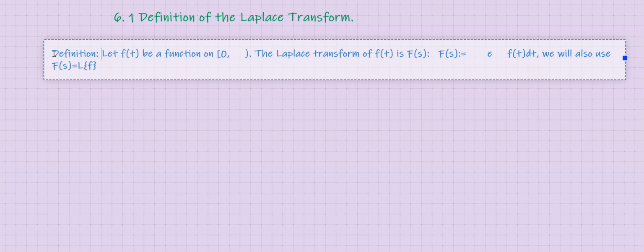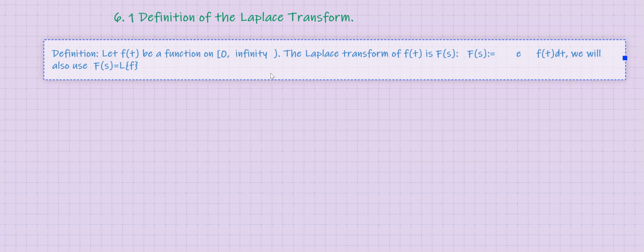Definition. Let f of t be a function on the interval from 0 to infinity. Well, I don't have an infinity symbol here, so I'm just going to write down infinity. The Laplace transform of f of t is called F of s, where f of t is a small f of t, and F of s is a big F of a different variable s.